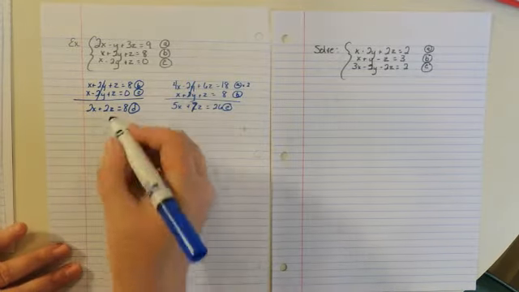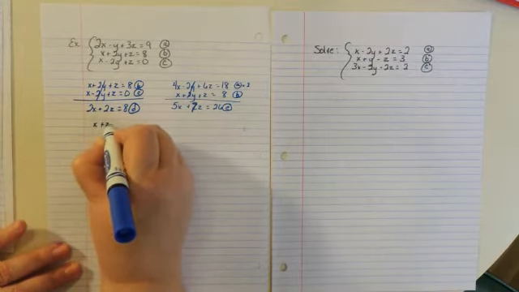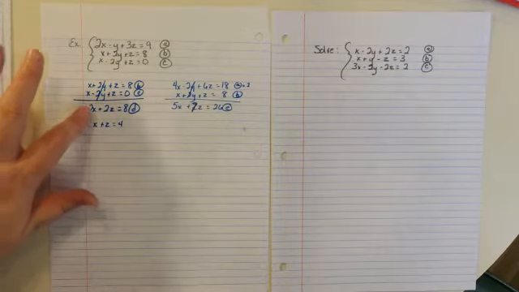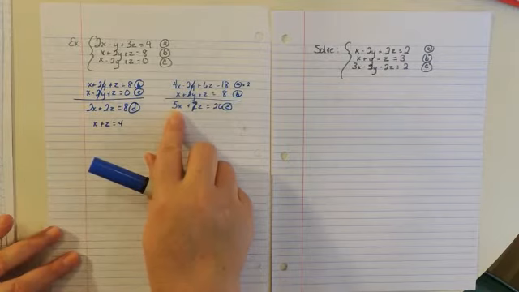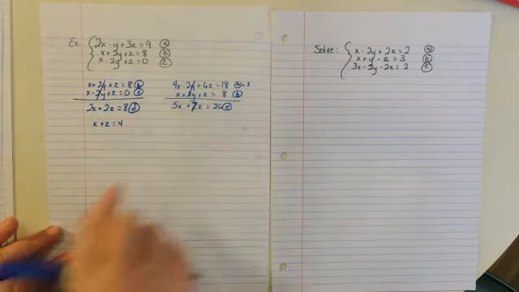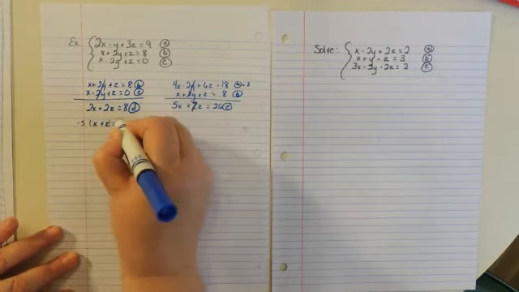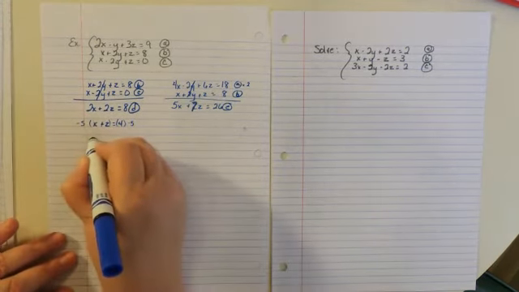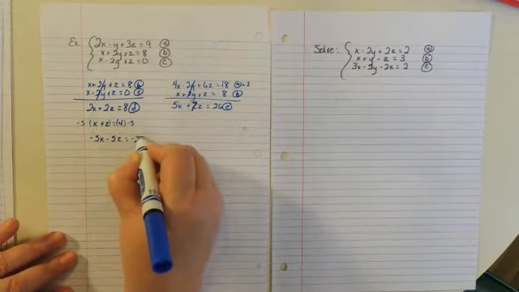So let's do that. If we divide all the terms in this one by 2, we'll have x plus z equals 4. Okay? You see what I did there? This is this divided by 2 on both sides. And now, because we have a 5x here, if we multiply all of this times negative 5, then we don't have to multiply anything times this one. Okay, so now we'll have negative 5x minus 5z equals negative 20.